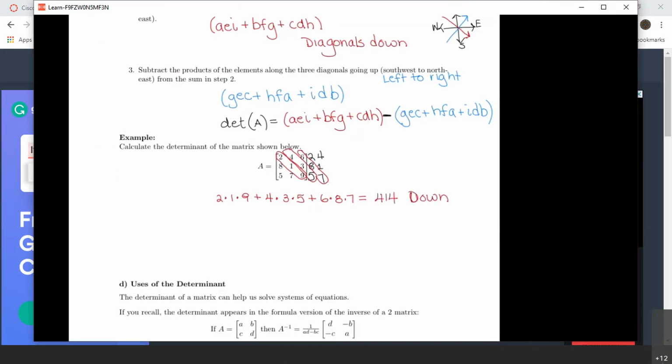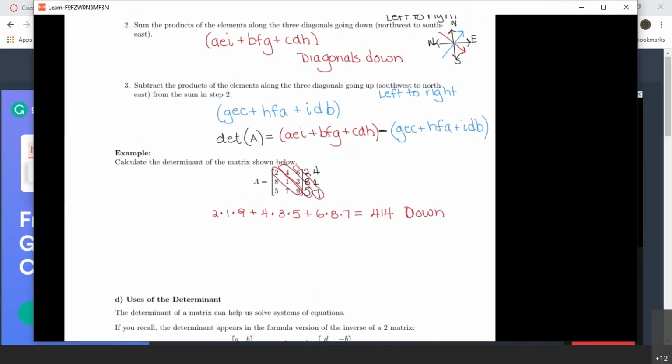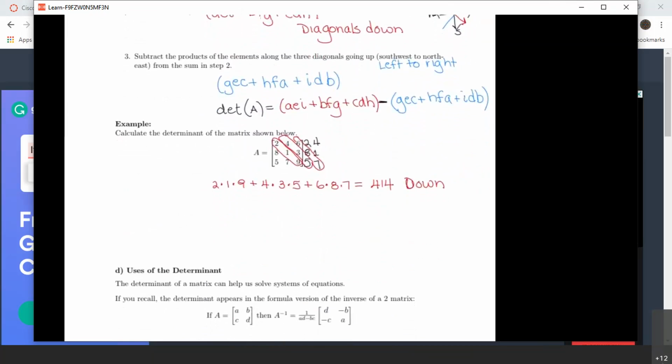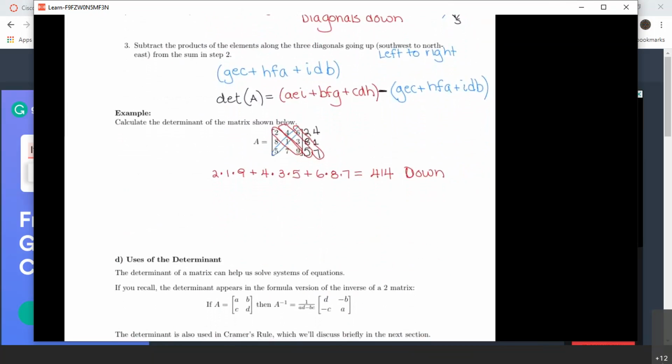And now I have to worry about the diagonals going up from left to right. Again, look at how I did them up here. The first one is going to be 5, 1, 6, then 7, 3, 2, and 9, 8, 4. Put them right under. Okay, and then I do the same thing.